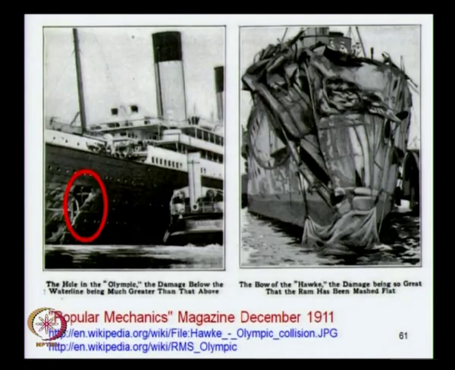The ship on the left is by name Olympic, and the one on the right is Hawk. And what had happened is the displacement of water when these two ships were in the sea, this was I believe on September 20th, 1911, if I remember right.